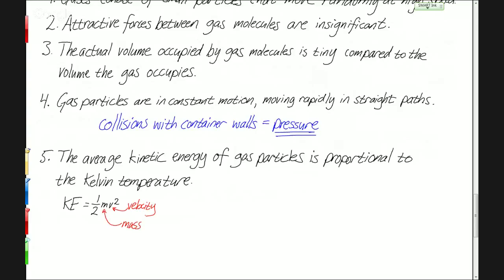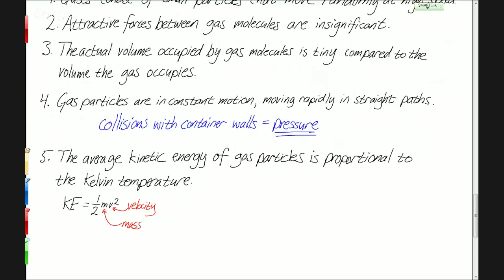So if we have a sample of gas and we heat it up, what we're doing is we're making the gas molecules go faster. Similarly, if we have two types of gases, let's say helium and then argon going down, and those two samples are at the same temperature, the argon is moving slower than the helium because it's heavier.